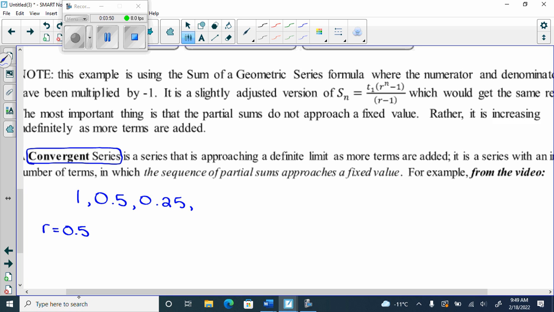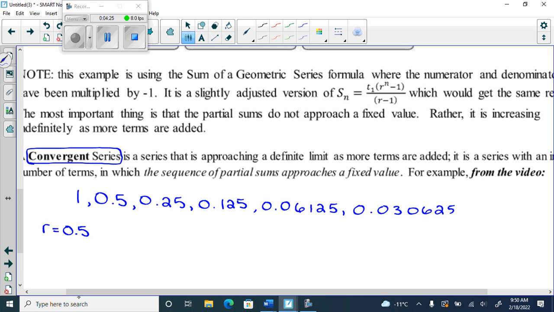Then 0.125. Then 0.0625, and then that's where my brain halts. What would the next one be? 0.03125.